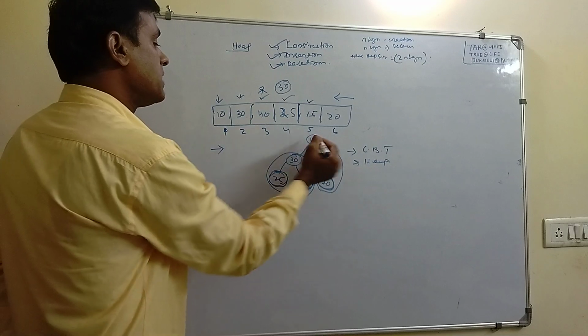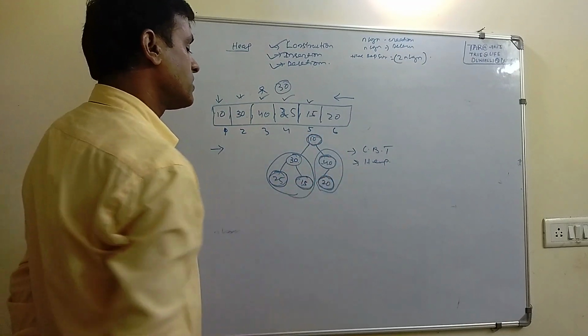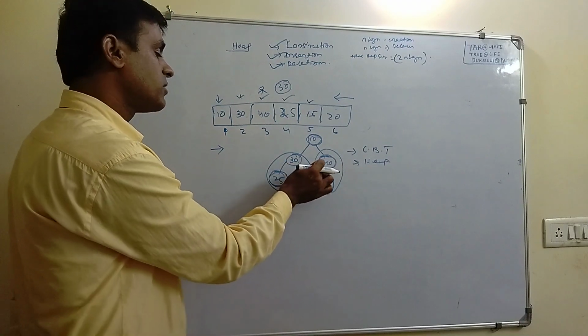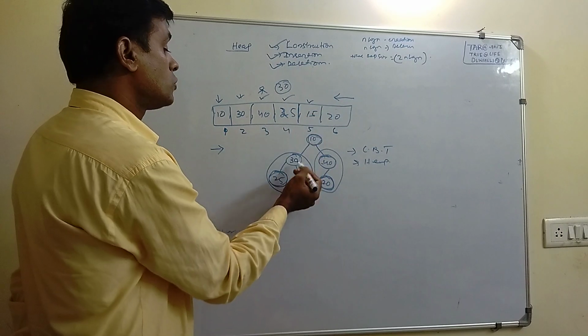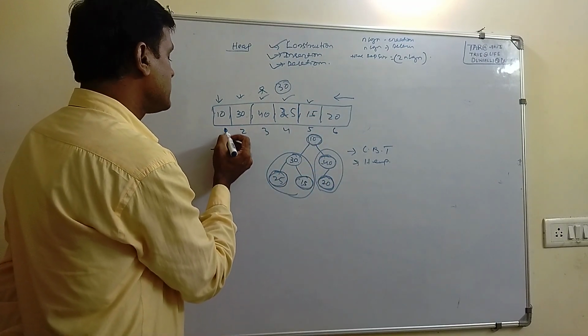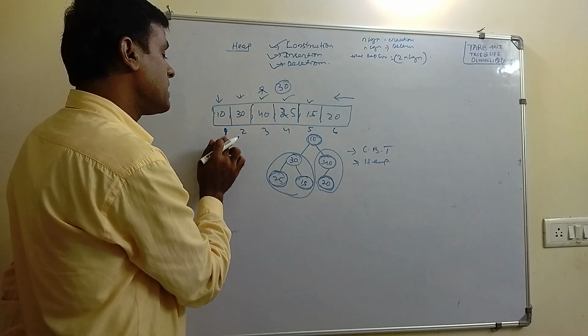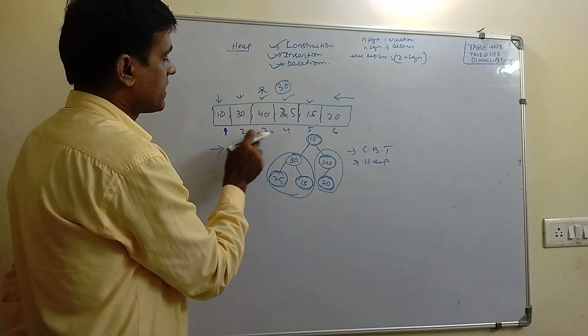Now 30 and 40 are the children of the root 10, because you are going from bottom to top. So 30 and 40 you have to compare. The 1st position has index 1, and its children should be placed at 2i and 2i plus 1. 2i means 2 and 2i plus 1 is 3.